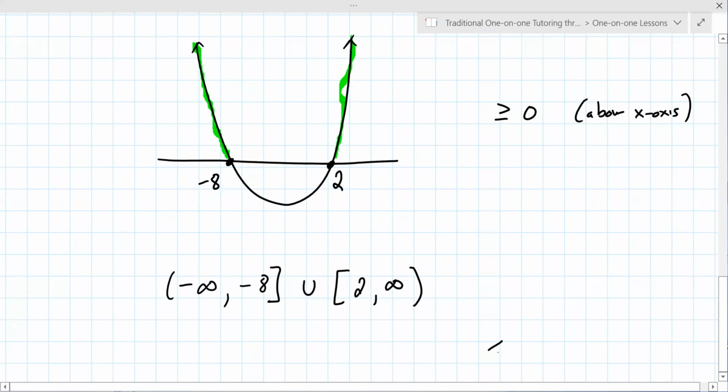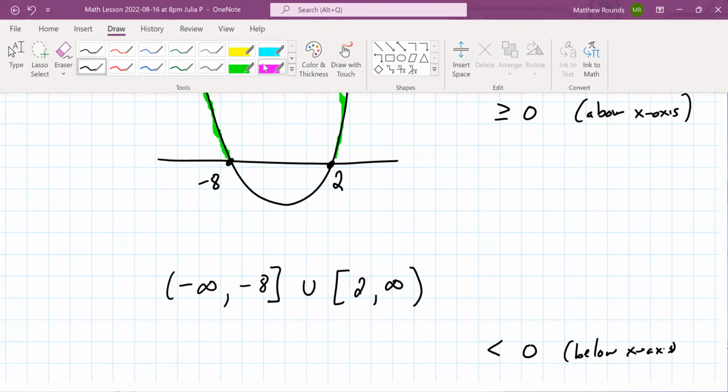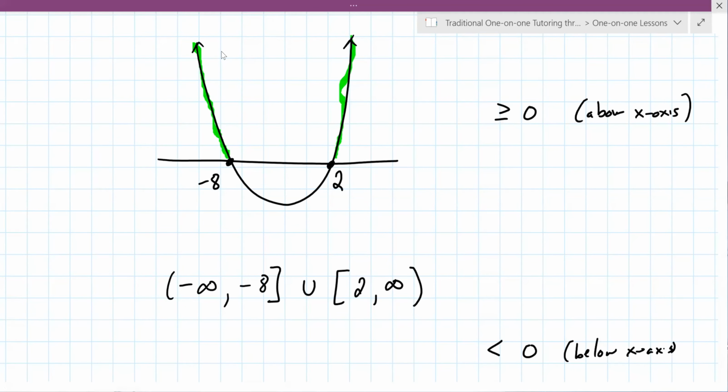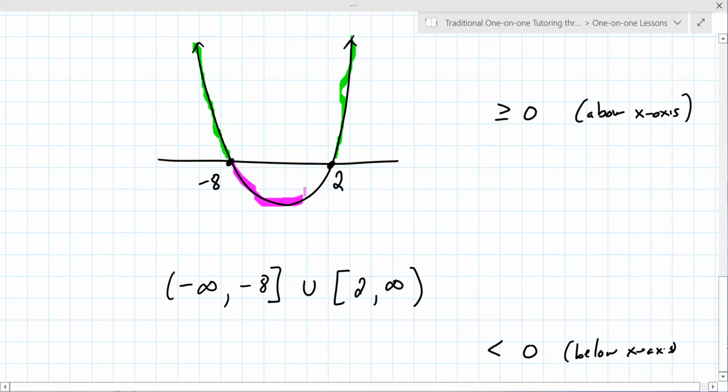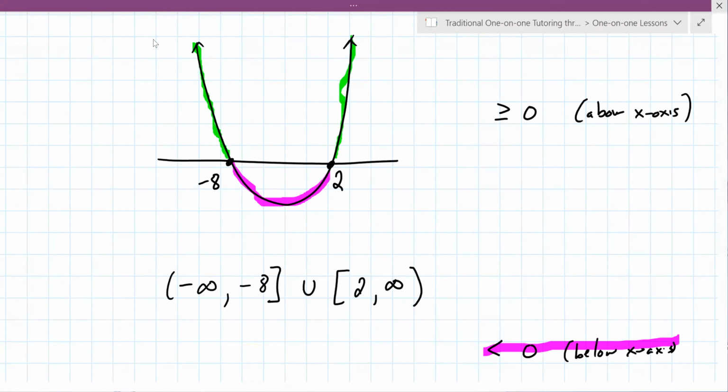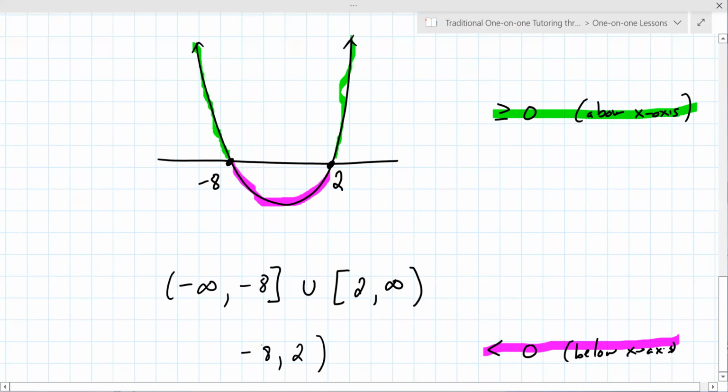And then the next question says less than 0. That's below the x-axis. So that means it's got to be completely below, it can't be touching. So it's all of this region right in here. In terms of how you would answer that, it's all the numbers between -8 and 2, but it does not include the endpoints because it's a less than.